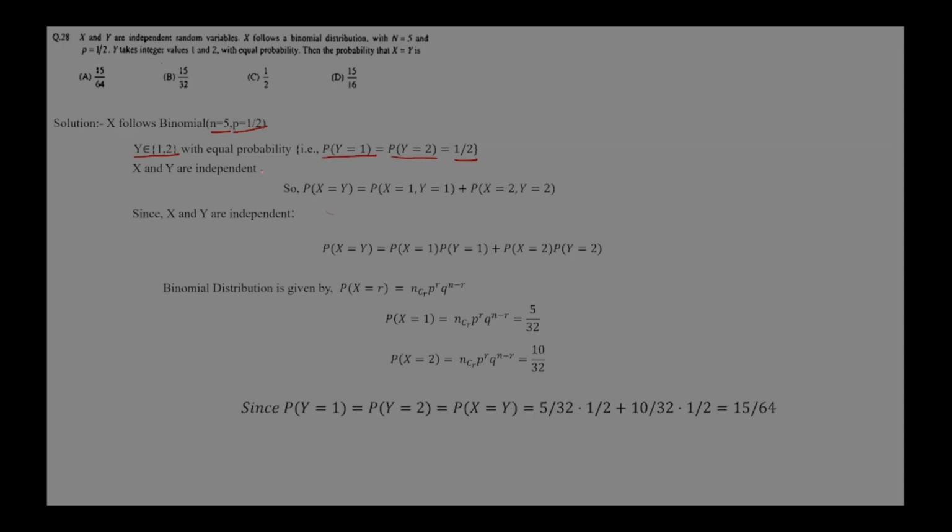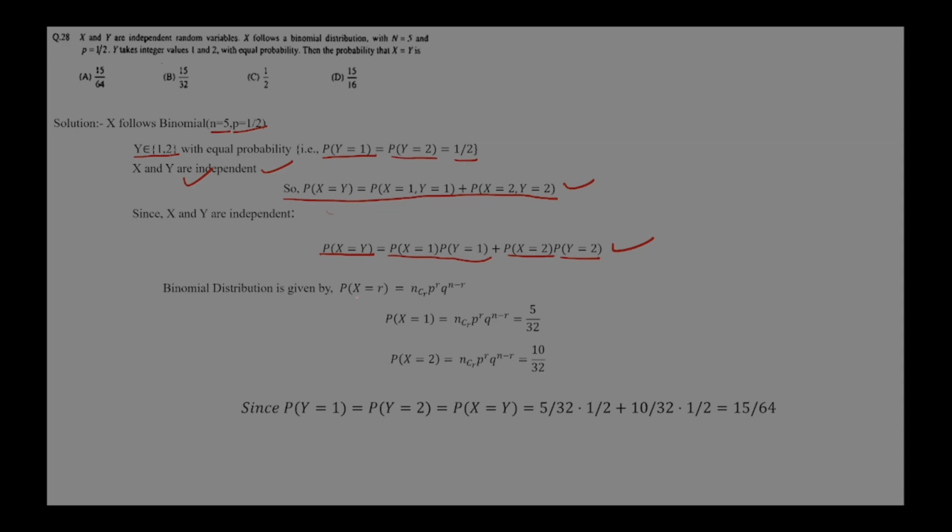Okay, x and y are independent, so we can write this. For independent conditions, we can write the above like this. So probability of x equal to y is equal to probability of x equal to 1 times probability of y equal to 1, plus probability of x equal to 2 times probability of y equal to 2. Hope you understand this.